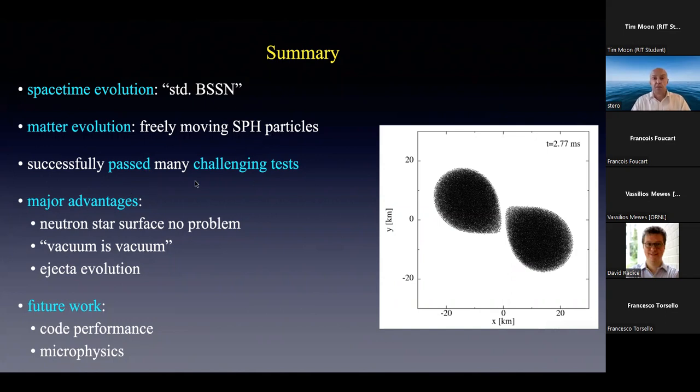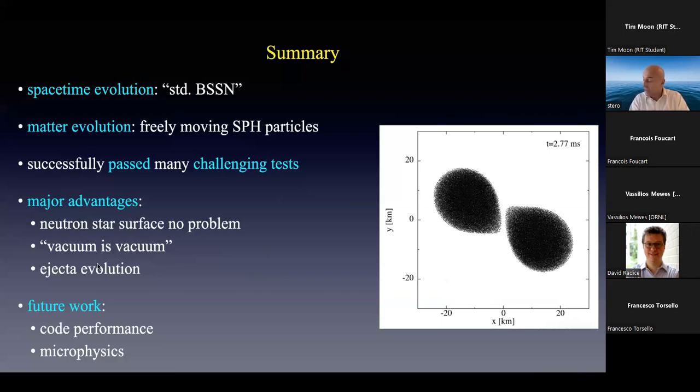And this method has now successfully passed many pretty challenging tests. I would say the major advantage of our method is that the neutron star surface is, for example, no problem. You see here a snapshot directly before the merger, and the surface is perfectly well behaved. We don't have to do anything about vacuum. So vacuum is really vacuum.